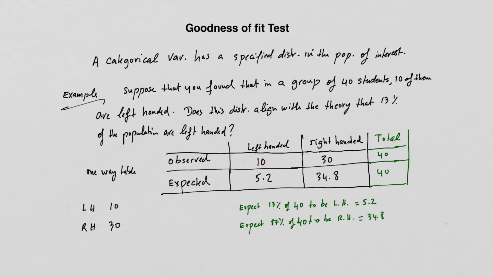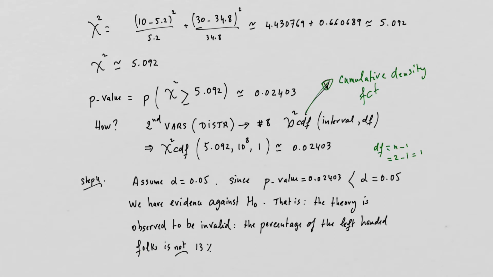Since I know 10, I automatically know 30. So you need 1 piece of information. That's how you find the degrees of freedom. So it's n minus 1, which is 1. So I put that in here: interval and degrees of freedom.